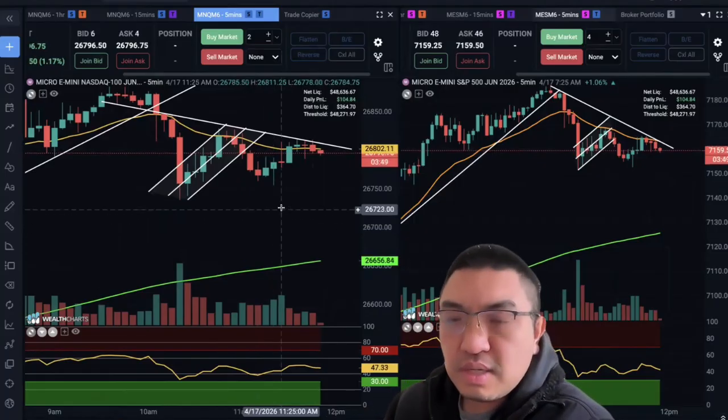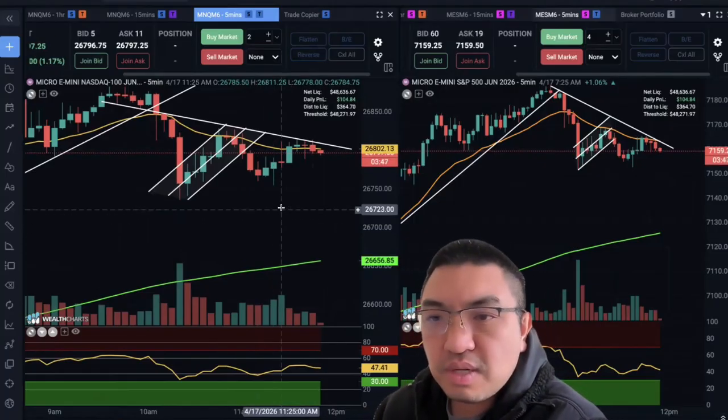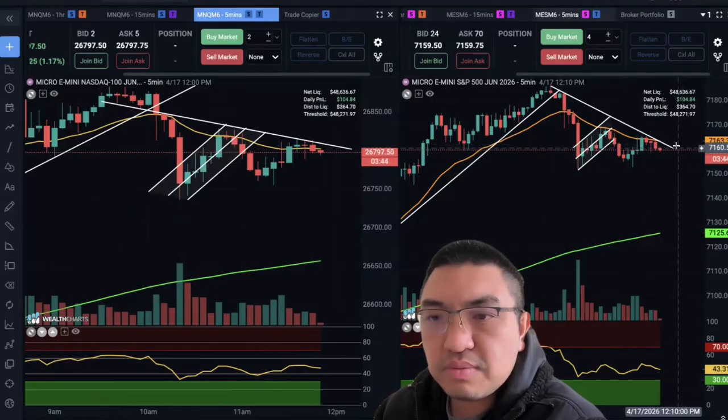Or as long as there is an upward engulfing, then I will go long at this time.